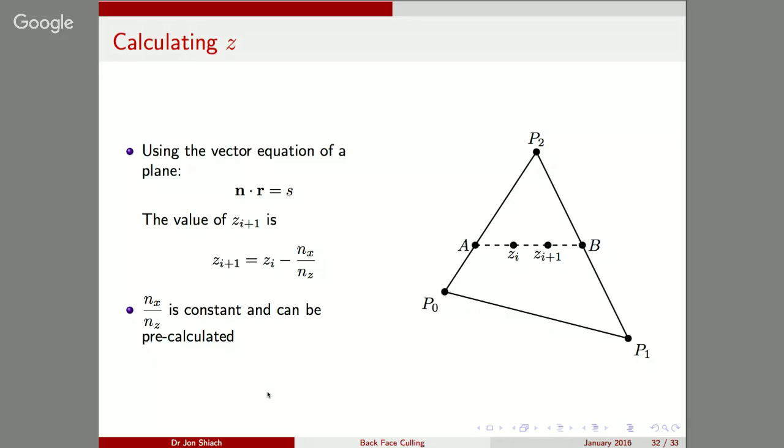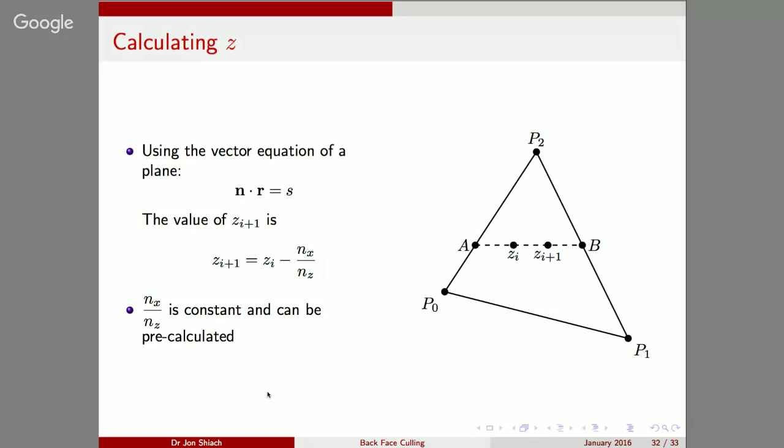So the pixel to the right has the coordinate x plus 1. That had a coordinate x, so one to the right is just add 1 to it. So that's my expression for the z coordinate one to the right.